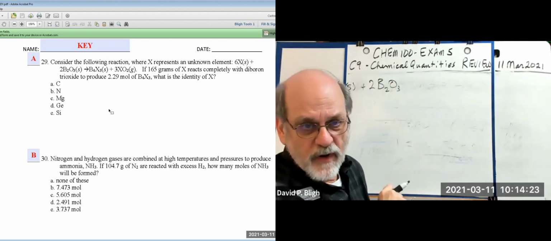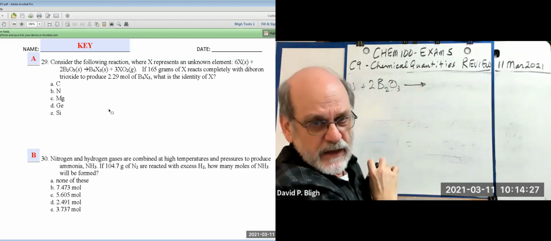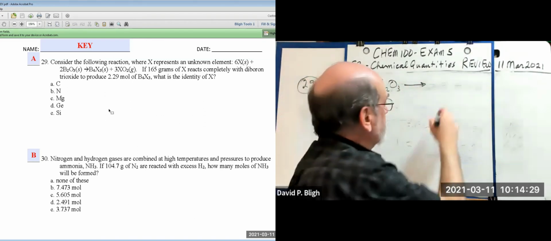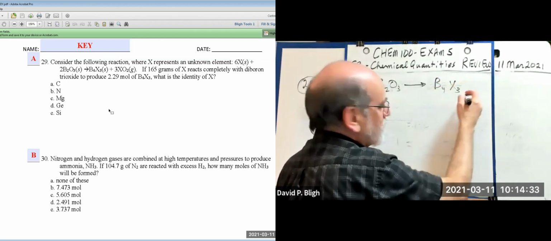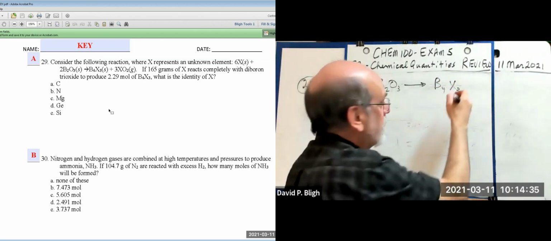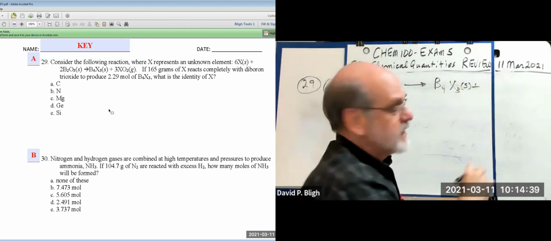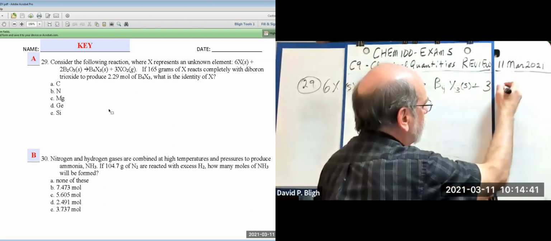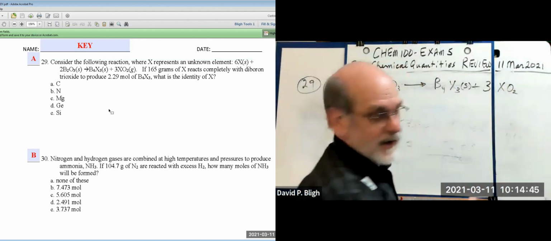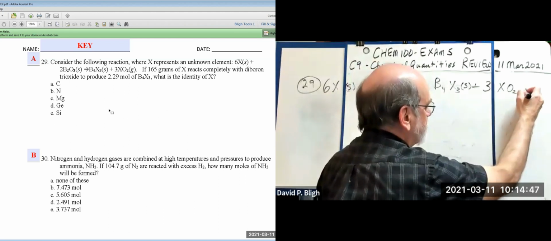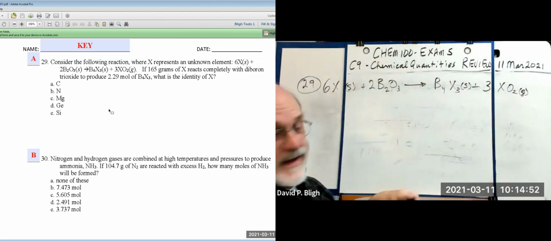I think that's diborane. And that yields B4X3 solid? Yep. Plus 3 XO2 gas. All right. The question is, what's X?